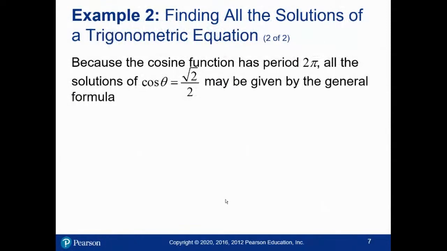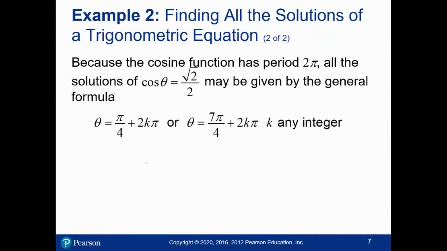So because the cosine function has period 2 pi, in one rotation, we found these 2 solutions. But then I can add 2 pi times any whole number and just rotate around k times. So rotating around once, you're adding 2 pi. Rotating around twice is 4 pi, aka 2 pi times 2. Rotating around 3 times would be 2 pi times 3, and so forth.